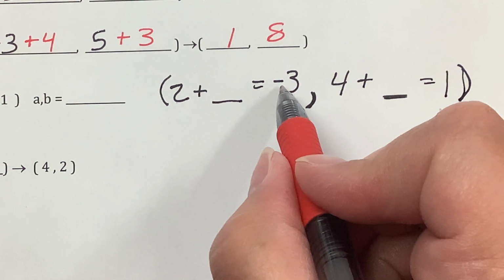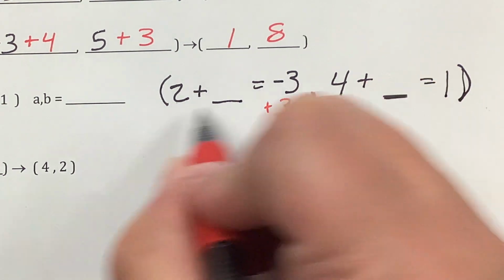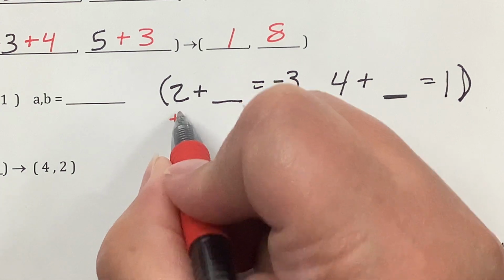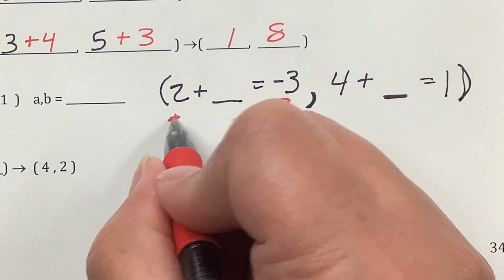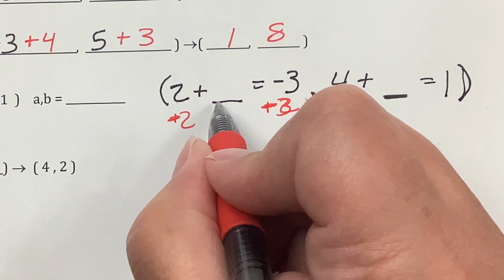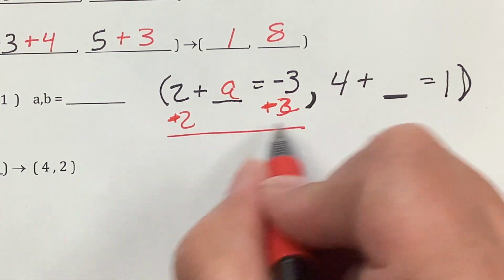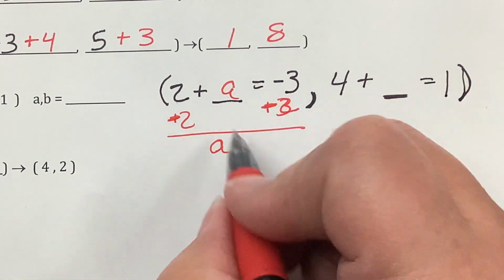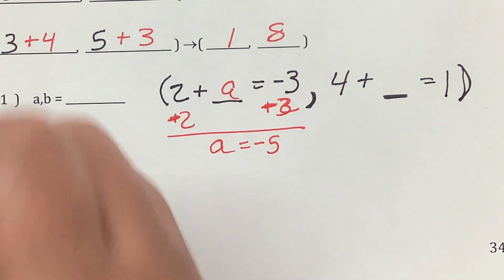Let's see. I'm going to add 3 to both sides. I'm lying. I'm going to subtract 2 from both sides. 2 minus 2 is 0, so there's my A. And -3 minus 2 is -5. So now I know my A is -5.